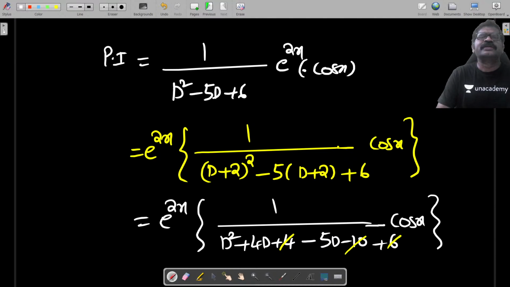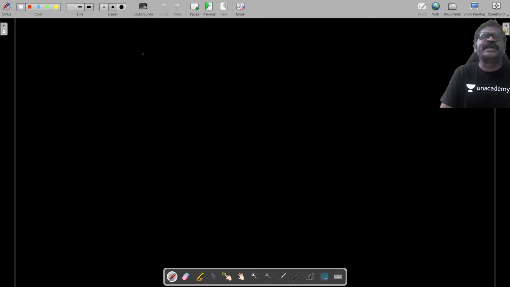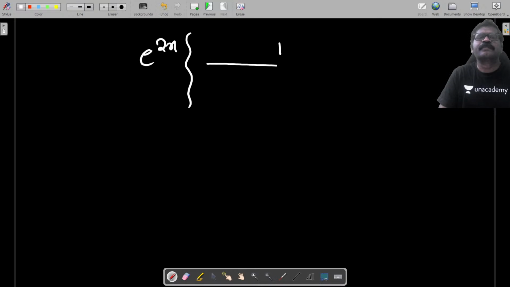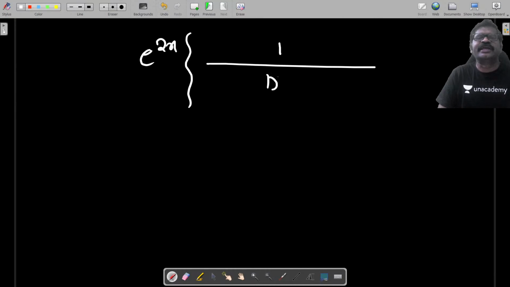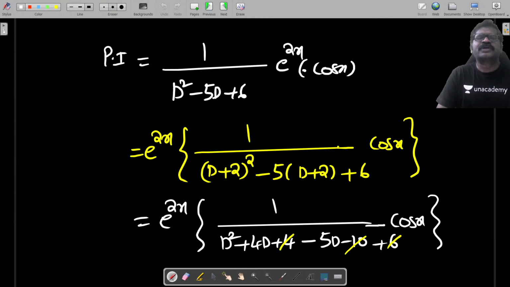Now e power 2x of 1 by D square minus D of cos x.